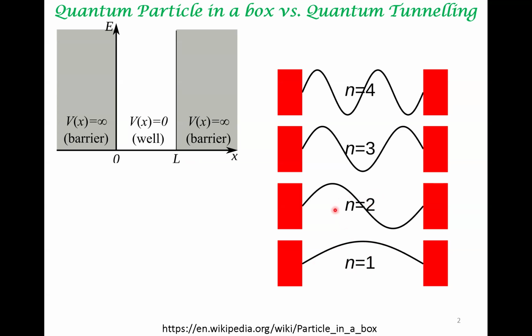This is the quantum number for this wave function, and so on. As you increase the quantum number, the number of nodes, that is, the number of times the wave function goes from positive to negative, also increases. With that, the energy also increases. So this is the typical structure which you implement within quantum mechanics.